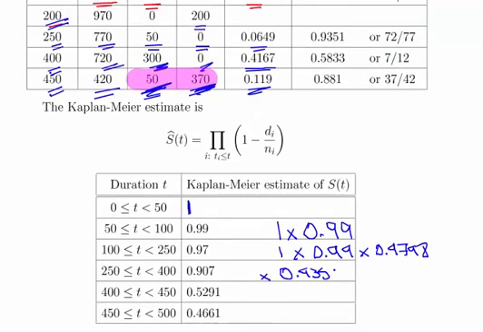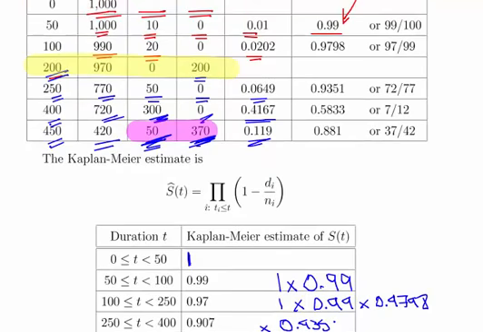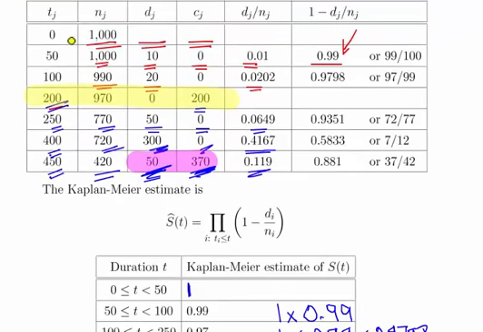So what we're going to do here, we disregard this time period here. So we just stick to the main time periods that we're going to use. 0 to 50, 50 to 100, 100 to 250, okay? Or 50 to 250, which would be this period here. 100 to 250.